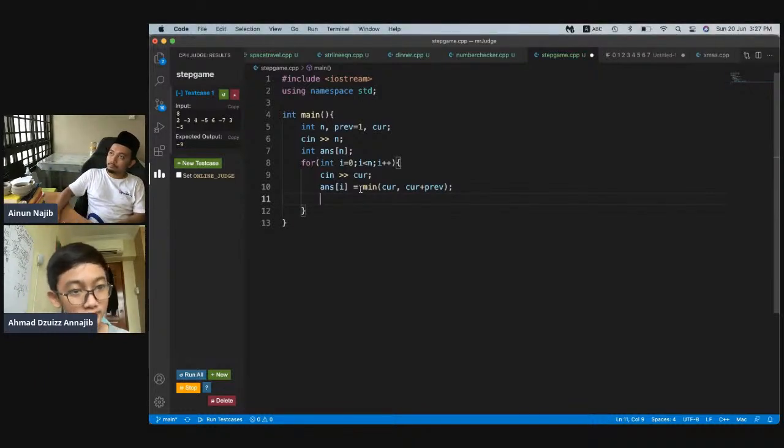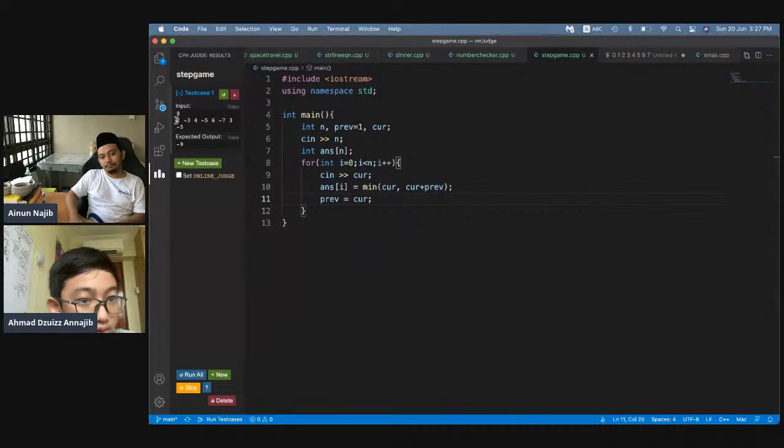Okay, is like that. Then two. And then for the next one, I get minus 3 for the current. Then prev equals current. Previous is the current.